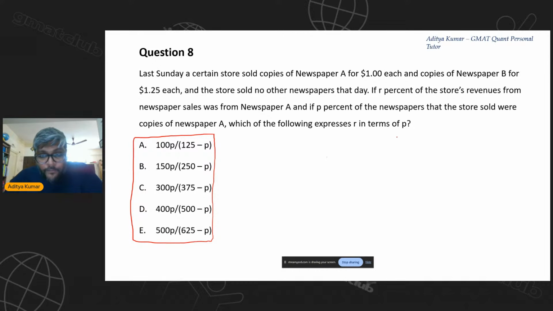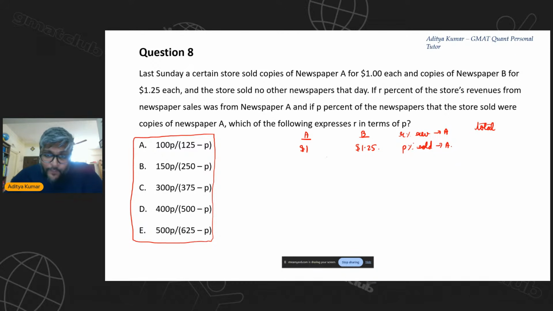Now, again, they've told me A, they've given me B, $1, $1.25. I know R percent of the revenue is from A, and I know P percent of the total sold is again for A. It's a percentage based question as well.